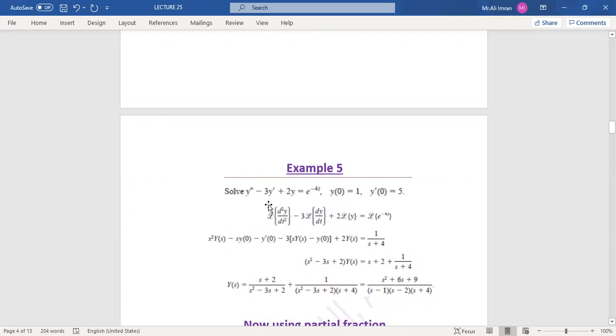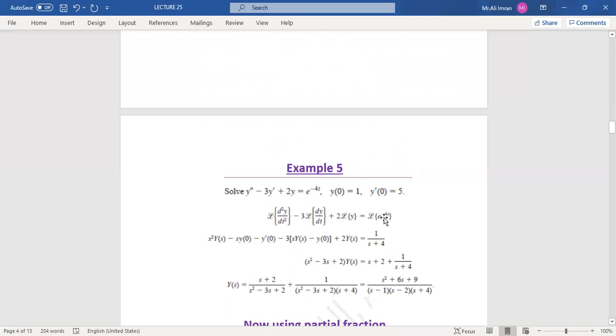First of all, in the given differential equation, we will apply Laplace transform on each term. For the second derivative, we will have s square Y of s minus s y of 0 minus y prime of 0. For the first derivative, we have minus 3 into s Y of s minus y of 0. And for the third term, we have 2 Y of s, that is the Laplace transform of y.